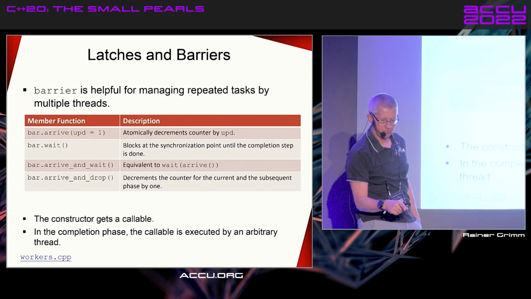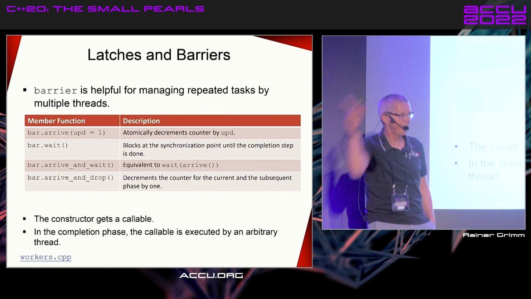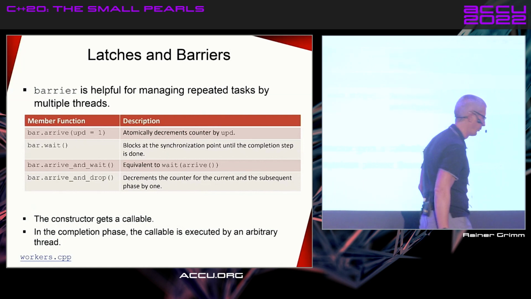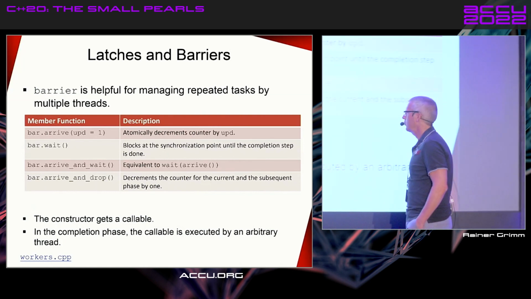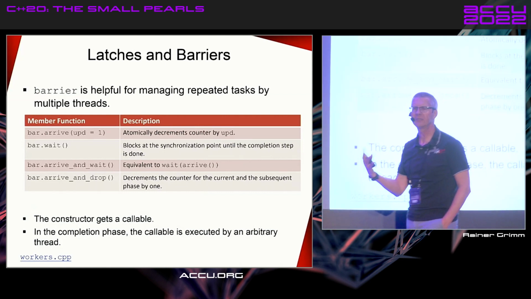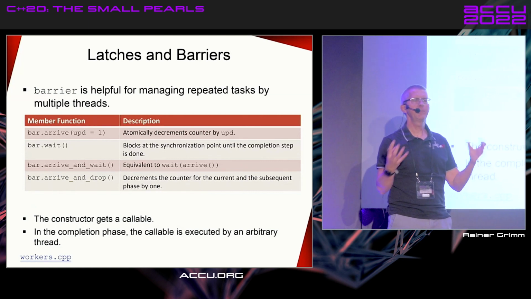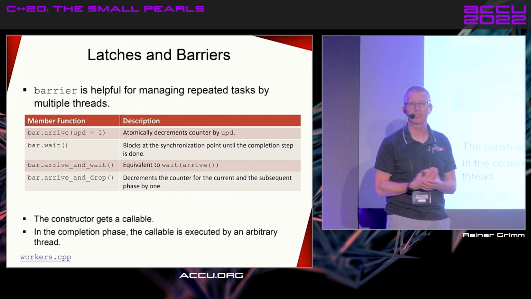You do it, make an iteration, then you wait until all are done, then you make a further iteration and further and further. And there's additional functionality involved, and this is the following. In the so-called completion phase, this means when the counter is 0, a function could be invoked. In this function, you can do something special, such as changing the counter.